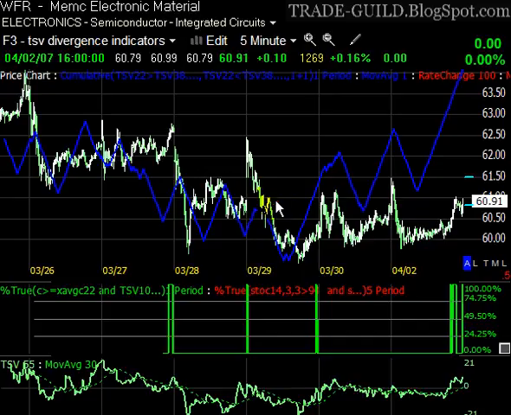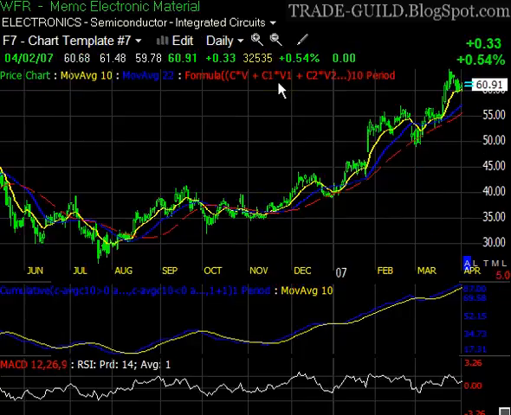Here's another indicator, or a custom screen, that I use. This is basically a crossover system with a moving average, a 10-day and a 22 in yellow and blue. And then I have a nice formula here for a volume weighted average price, which is really nifty.